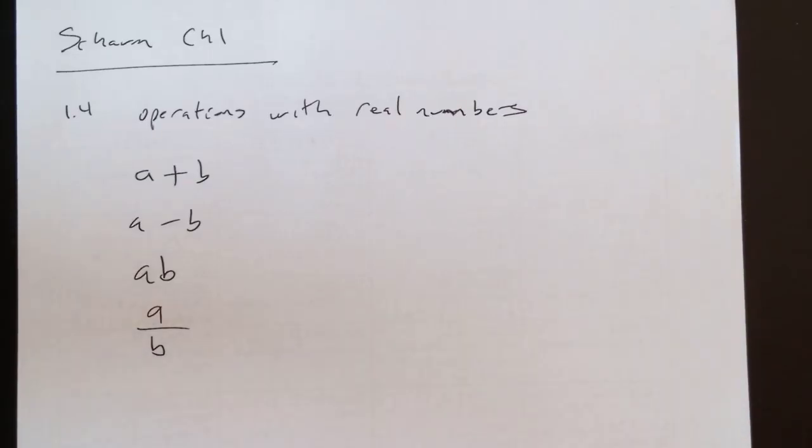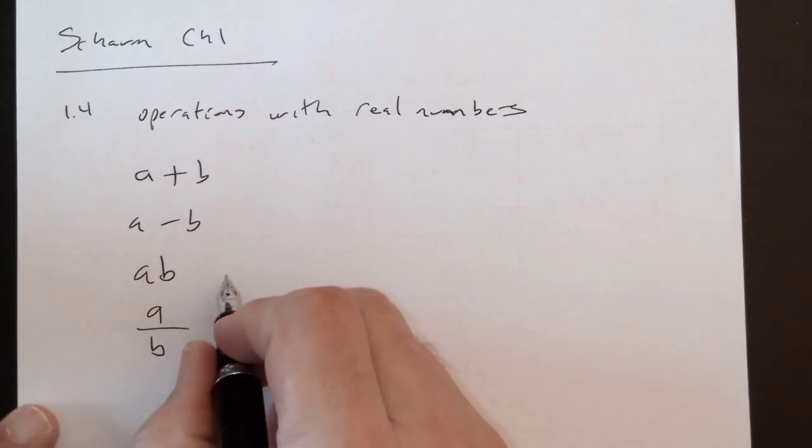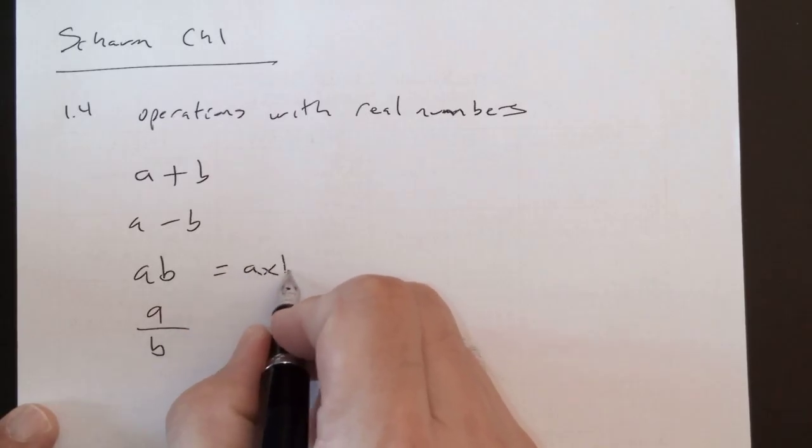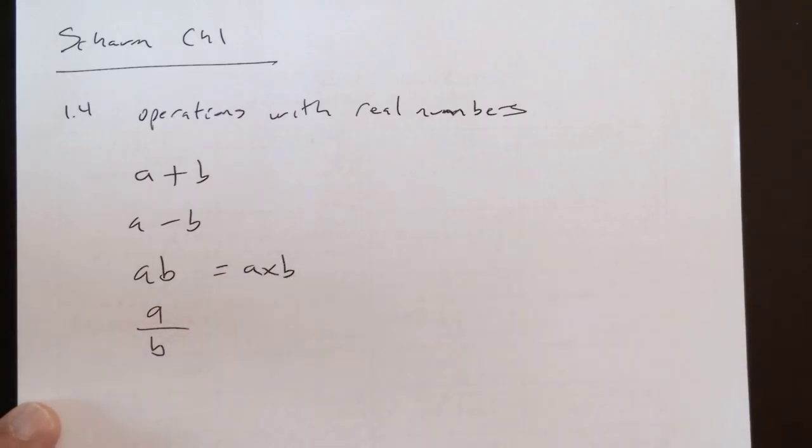Almost all of the familiar operations, adding, subtracting, multiplying, dividing, I don't use a symbol for multiplying when I'm writing letters like this. They're just put next to each other. There are lots of options for multiplication. We will sometimes write that little cross symbol.